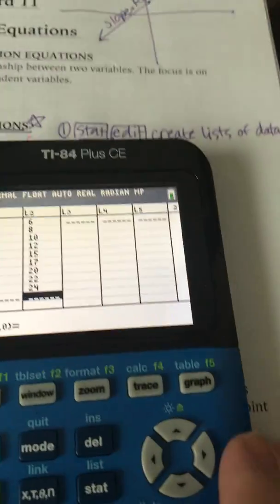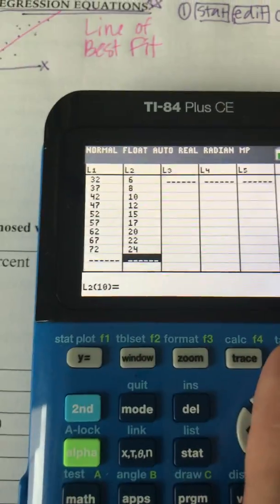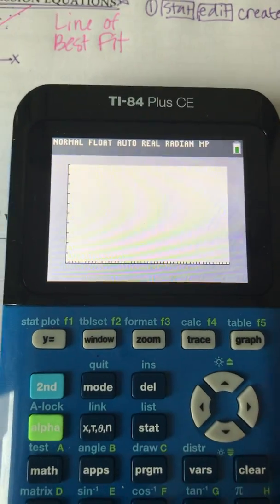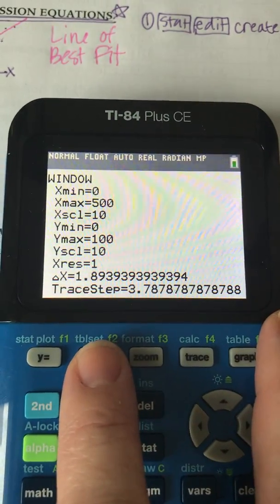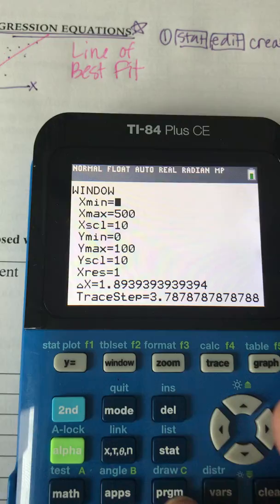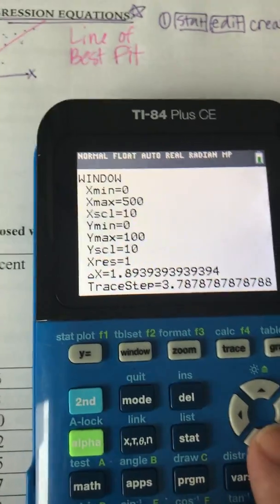Now if we graph, oh, my window is too large. I'm going to reset this. Hold on just a second.